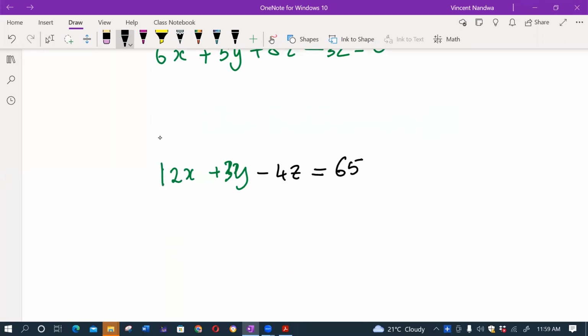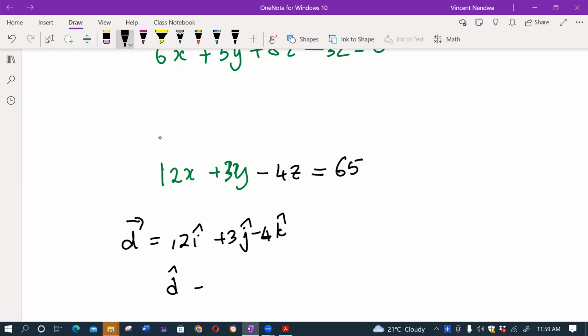So remember, the normal here will be given by the vector 12i plus 3j minus 4k. So let me call this one vector D.